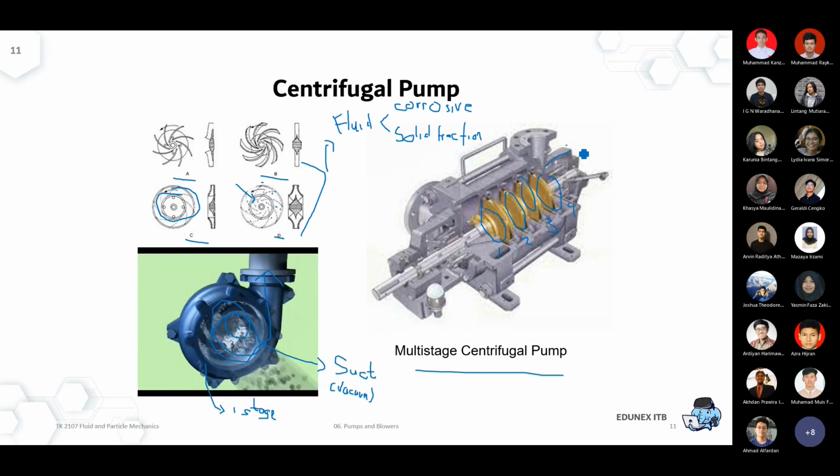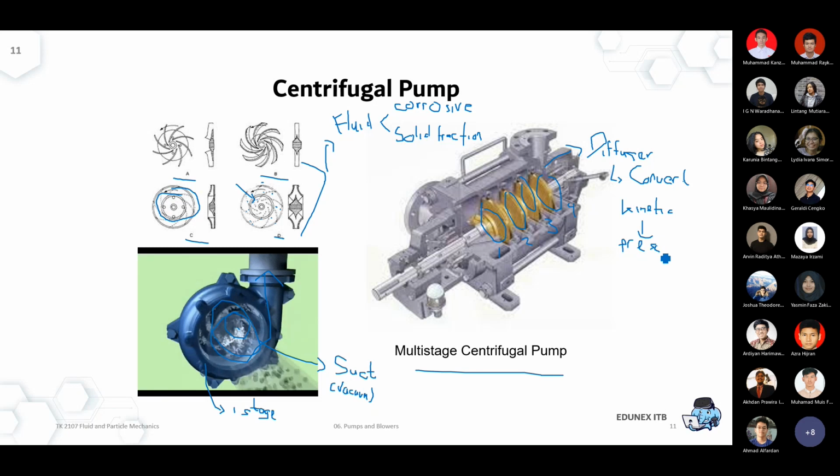And usually, finally, we will have something called a diffuser, which is used to convert kinetic energy into pressure, high pressure.